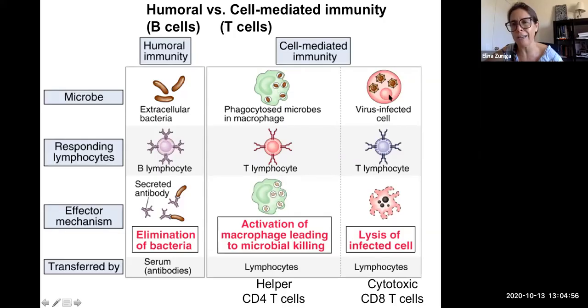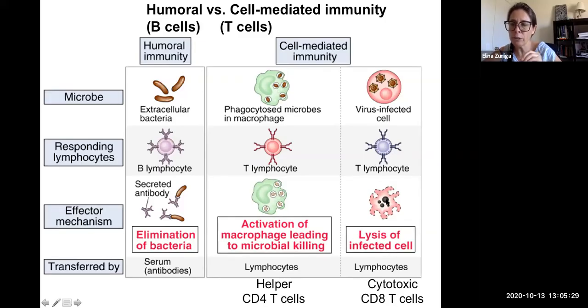This could be epithelial cells in our lungs, in the respiratory tract, right? And this virus may be SARS coronavirus 2. And so the T cells that have their receptors specific for a little part of a protein of this virus will be activated and will proliferate and will differentiate into effector CD8 T cells.